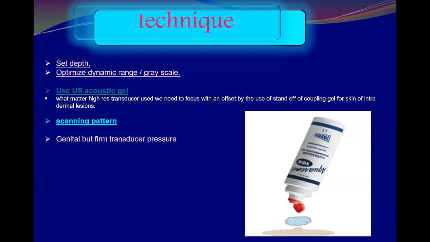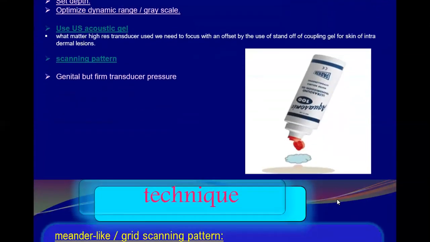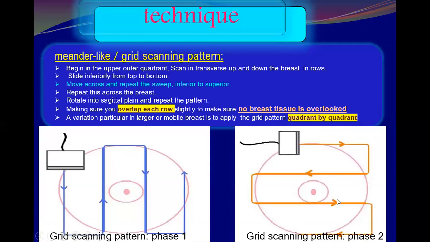Okay, so we have two techniques. Generally, we have two techniques for evaluation of the breast: the Minder-like, or grid scanning. This is the longitudinal and transverse. And this is a commonly used technique, either by quadrant, or if the breast is small, you can use it for the whole breast.